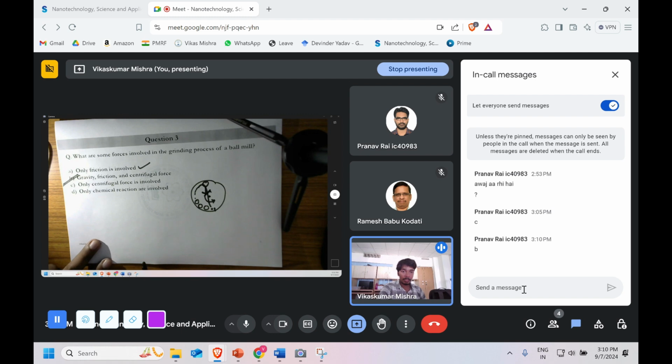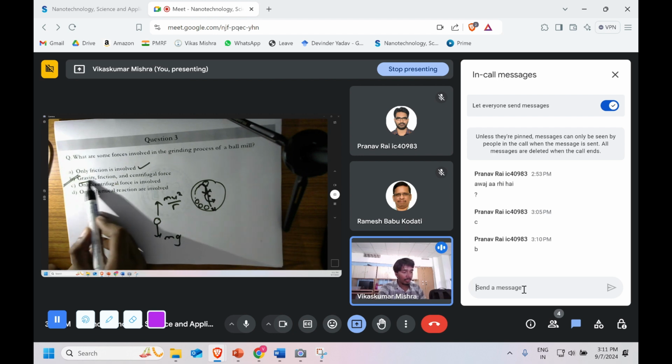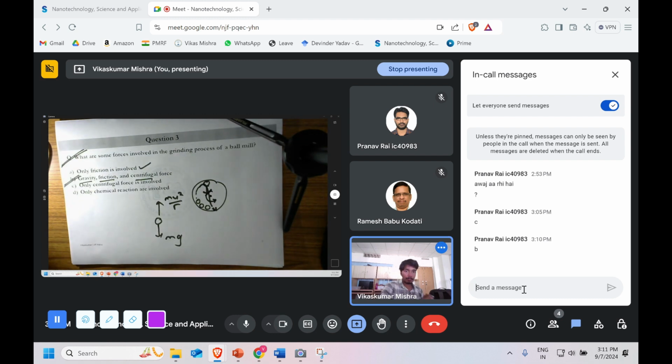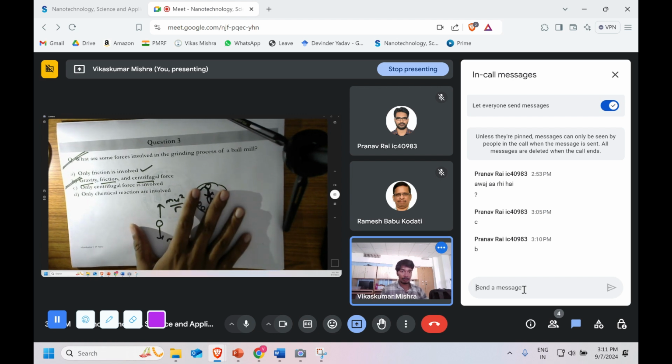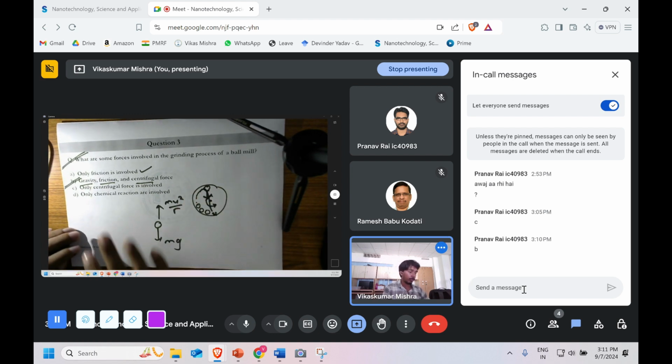Gravitational force is pulling it down, mg. Centrifugal force is moving it forward, mv squared by r. And when it strikes the powder, the friction force and impact forces are involved. So we can say gravitational, friction, and centrifugal forces are all working here. So option B is the correct option. Let me know if there is any doubt in this question. If not, let's move ahead to question number 4.